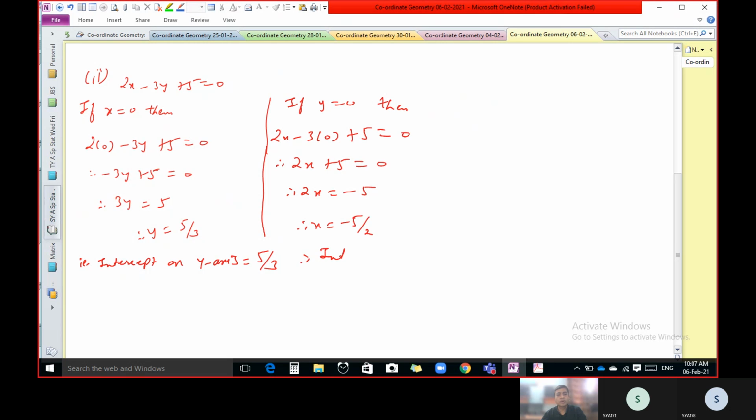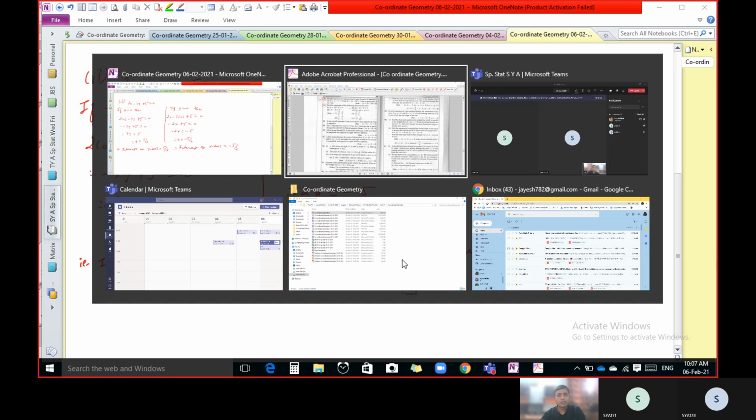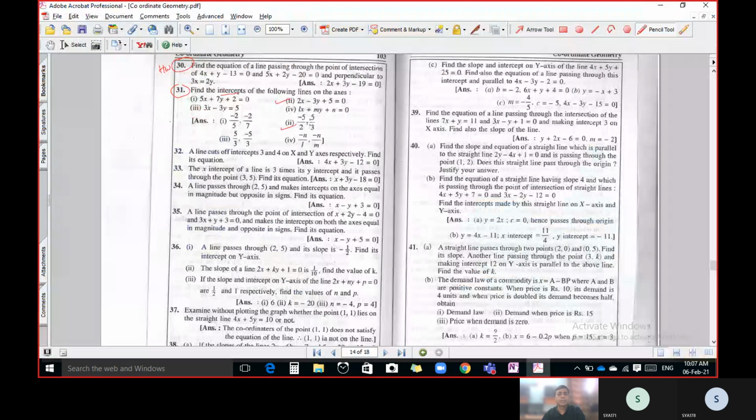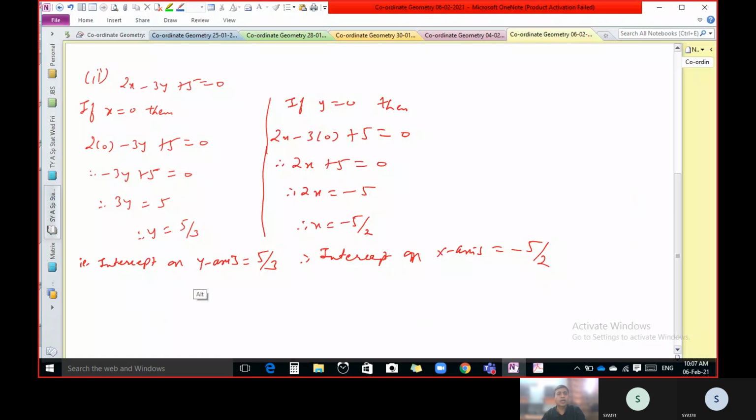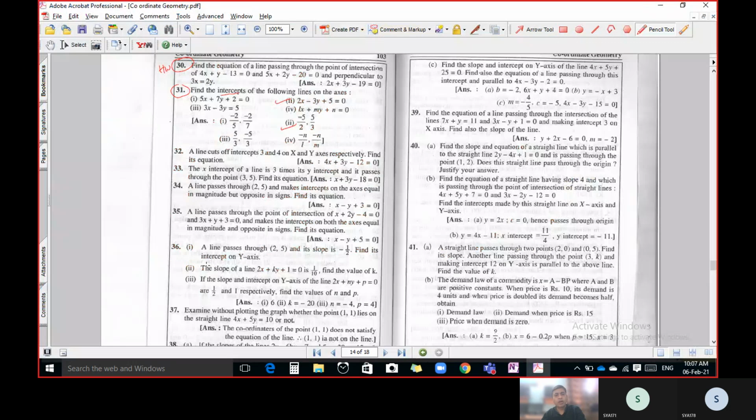Therefore, intercept on x-axis is minus 5 by 2, and the other one is 5 by 3. So this is the simple way to find the intercept.